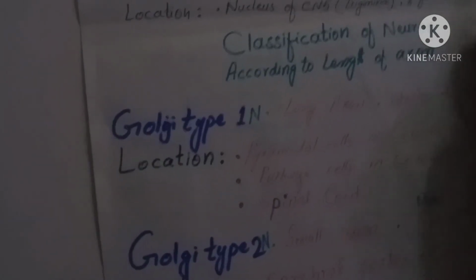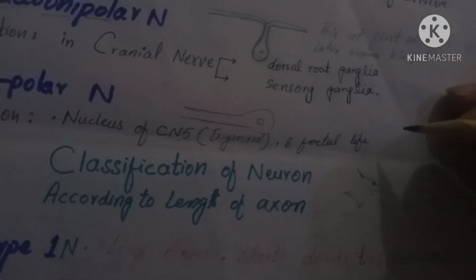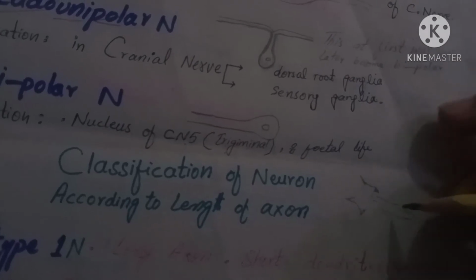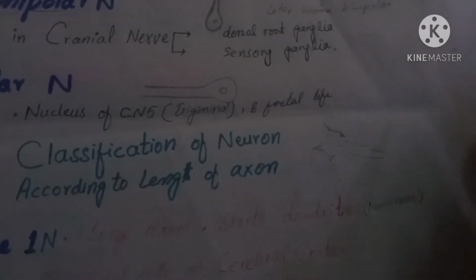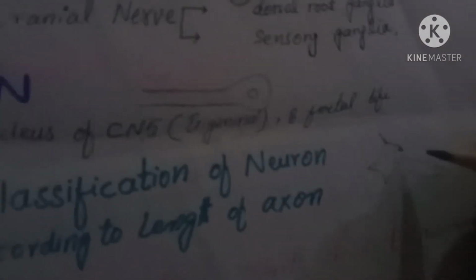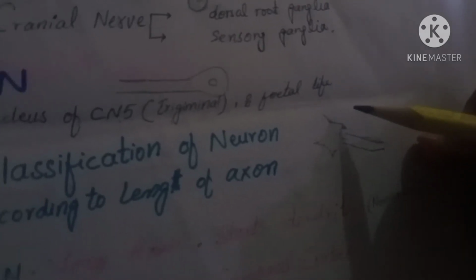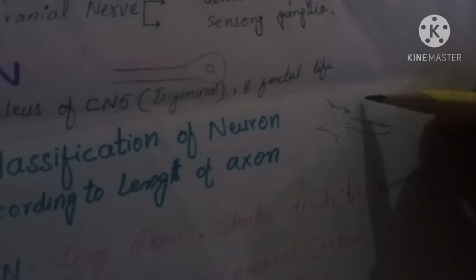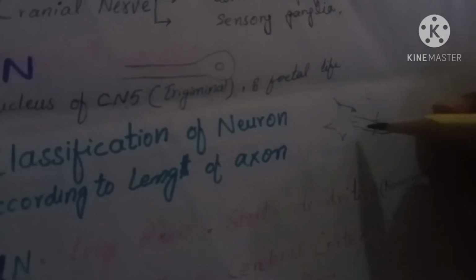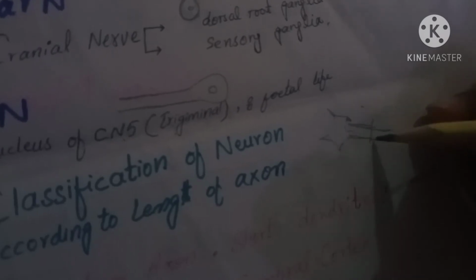The second type is Golgi type 2, and in Golgi type 2 the axon is short. Suppose look at the first axon, it was long, and the axon of Golgi type 2 will be like half, from here to this side.